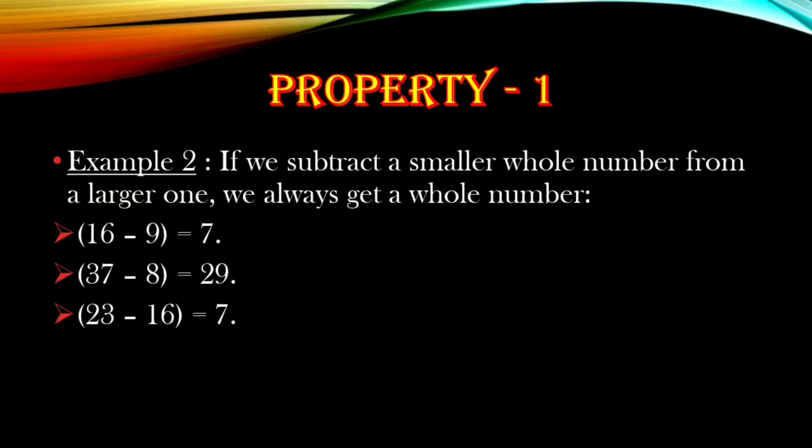If we subtract 8, which is a whole number, from 37, which is again a whole number, we get 29. 29 is a whole number. If we take 16 and 23, both are whole numbers, then the difference is 7 and 7 is also a whole number. So, this shows that if we subtract a smaller whole number from a larger one, we always get a whole number.